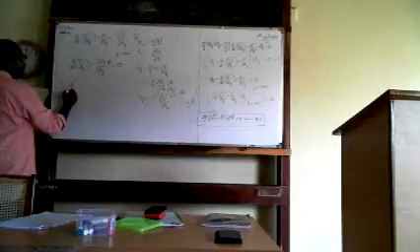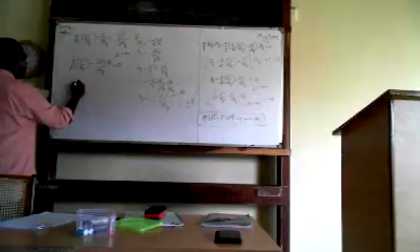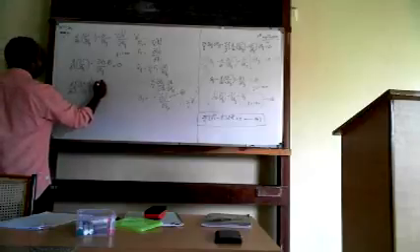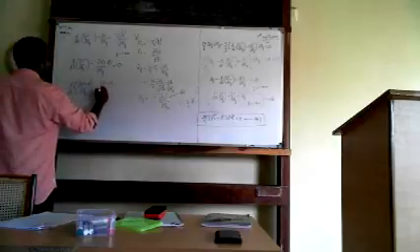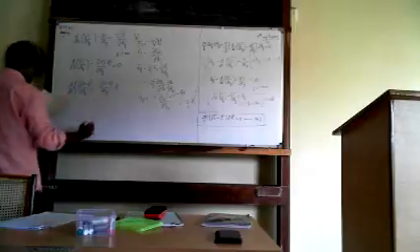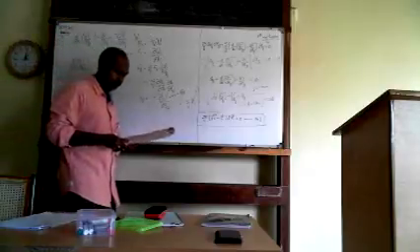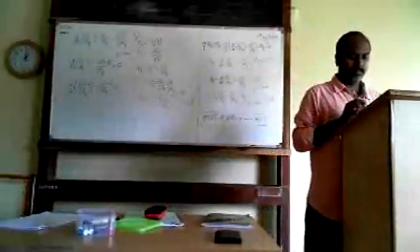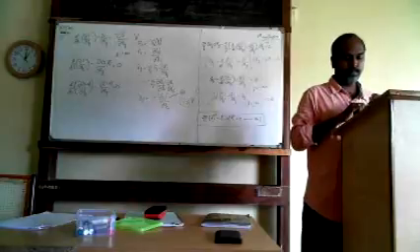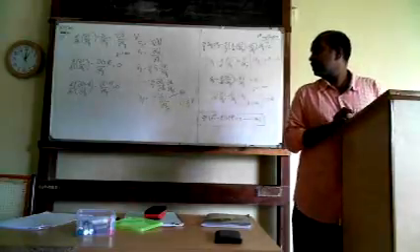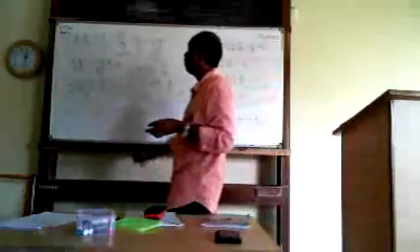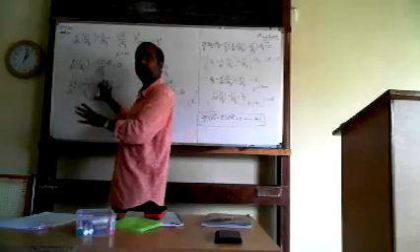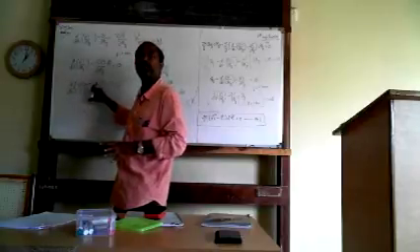In that case, it becomes d by dt of ∂(T minus V) by ∂qj dot minus ∂(T minus V) by ∂qj equal to 0. This will not alter the result because, for a conservative system, V does not depend on qj dot. This is just for our convenience. Now we have something like T minus V on both the terms.